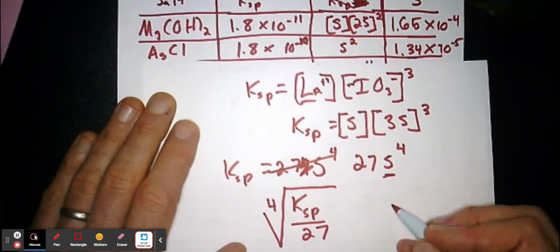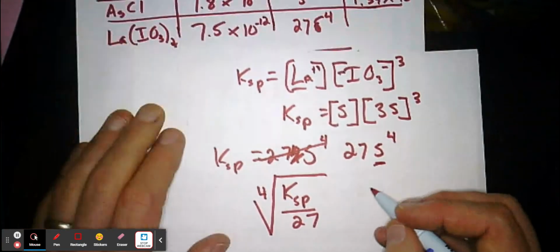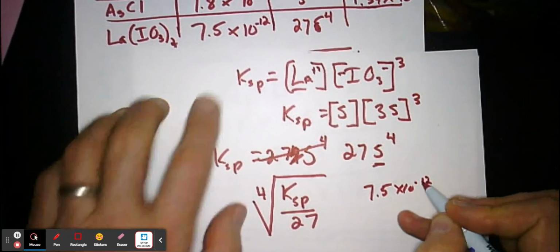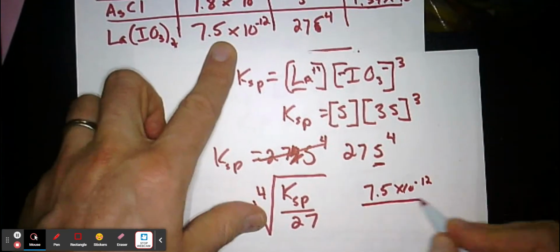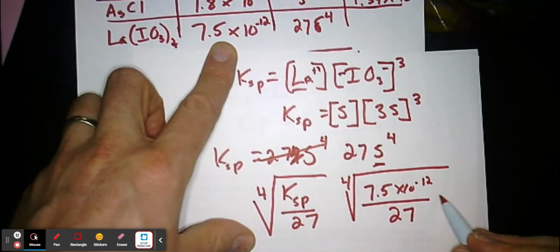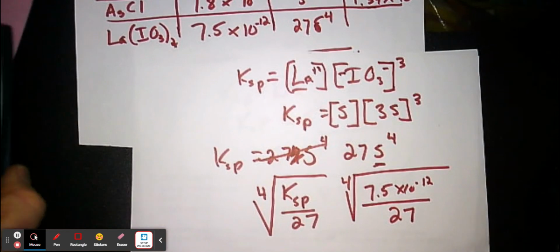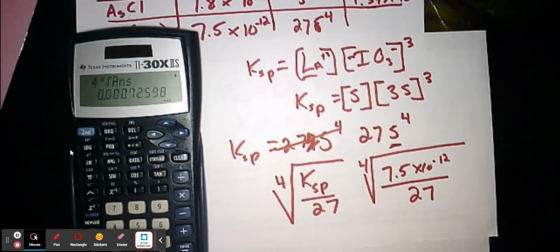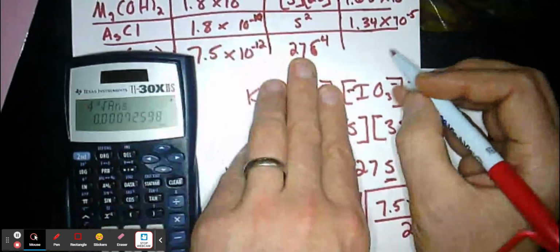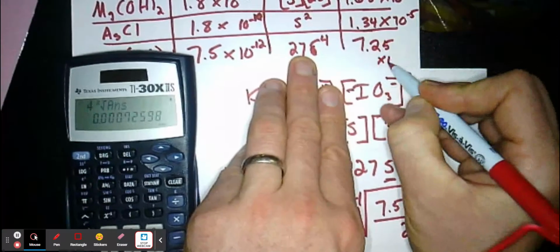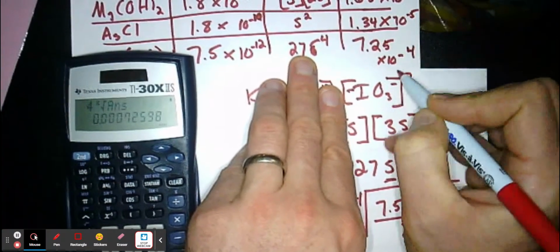So that equals 7.5 times 10 to the negative 12th, getting that number from there, divided by 27, to the one fourth. Okay, I did it on the calculator. You'll notice I get 7.25 times 10 to the negative 4th.